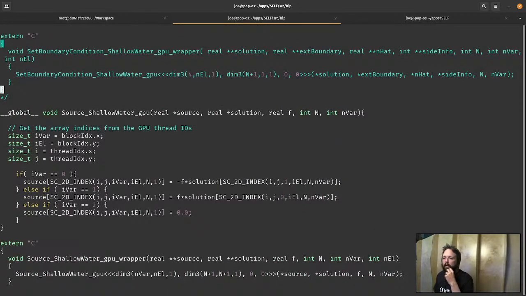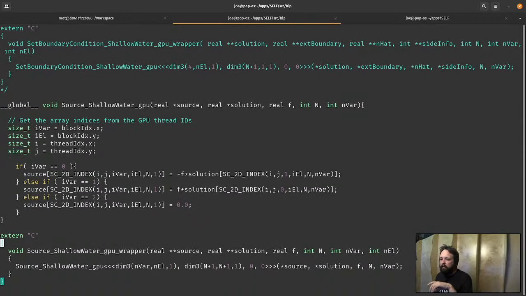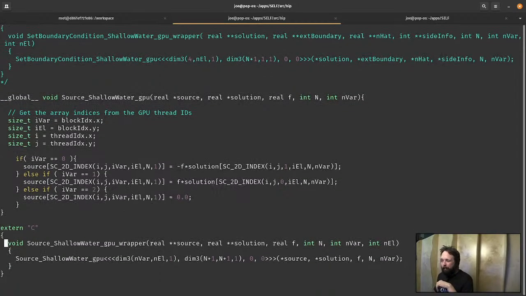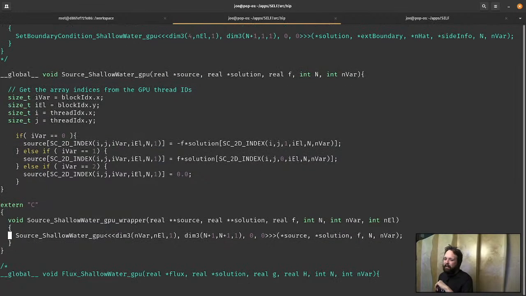Okay, so there's two C++ kernels we need to define. One is what we call the GPU wrapper. All this GPU wrapper does is serve as the interface to Fortran, and then it launches that kernel using the chevron syntax, which if you've done CUDA programming before, this will be familiar. When you launch things on a GPU, there are thousands of threads, but these threads are grouped together in what are called blocks, and those blocks are organized into what's called a grid.